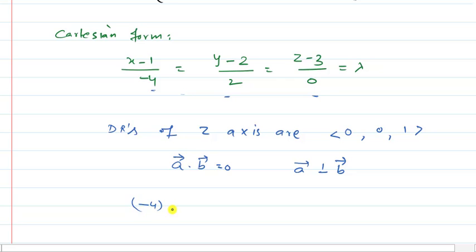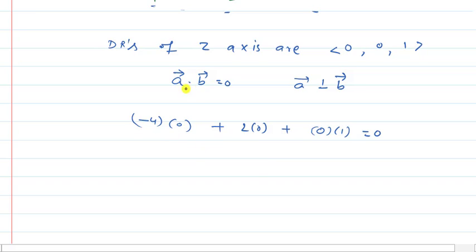And clearly we have minus 4 into 0 plus 2 into 0 plus 0 into 1. We are getting the result as 0. So therefore a dot b is equal to 0. Hence the line is perpendicular to the z-axis.